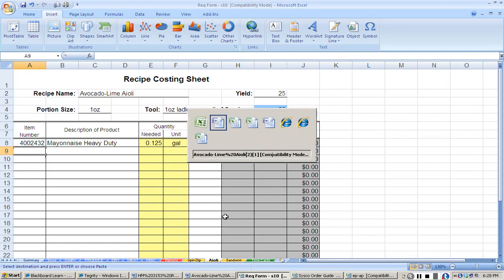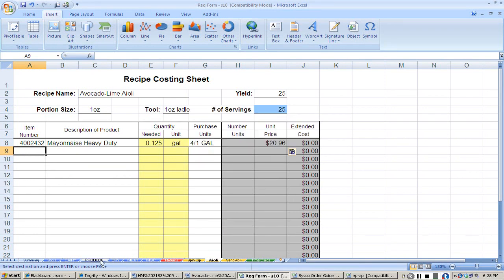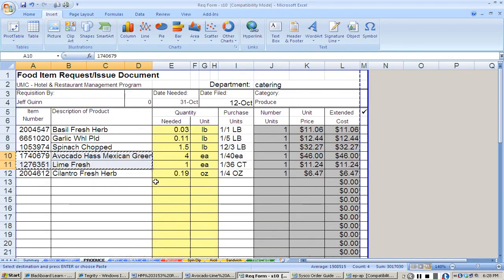Alright, next up, avocados, limes, and garlic. All produce. Avocado. Just copy and paste, copy and paste.